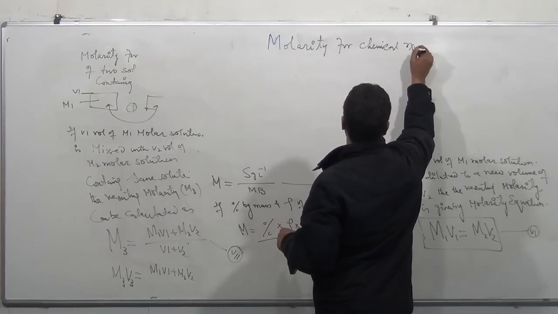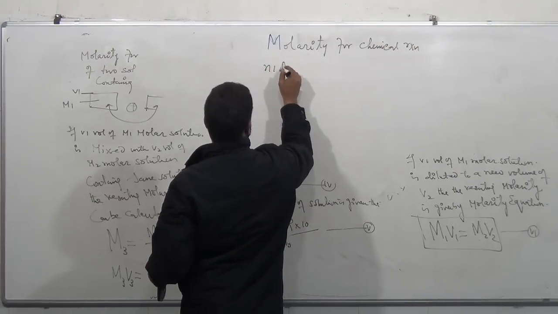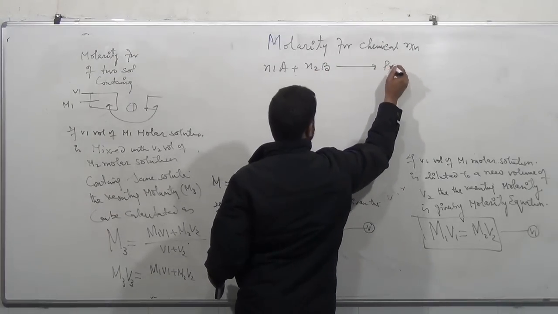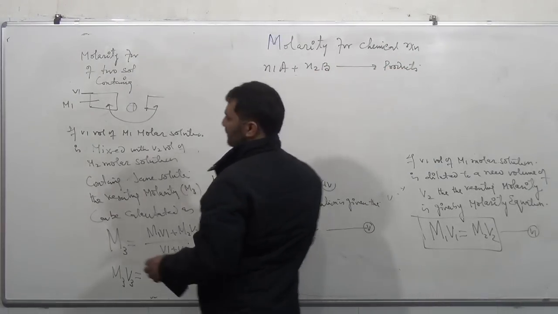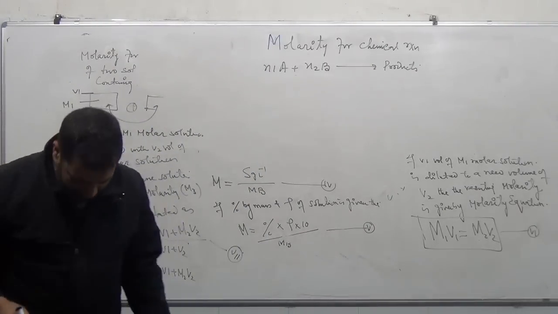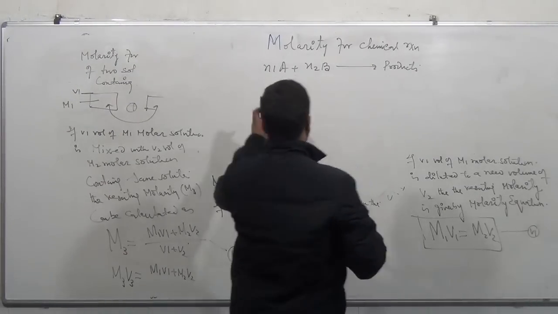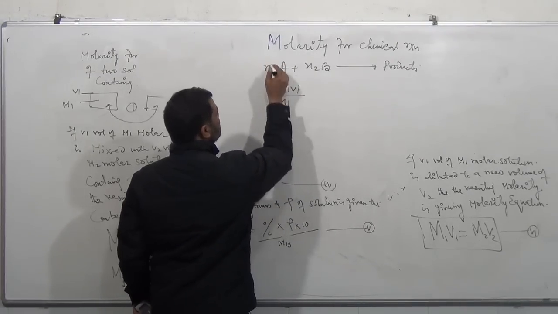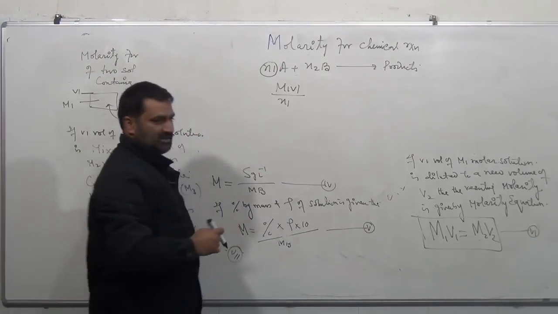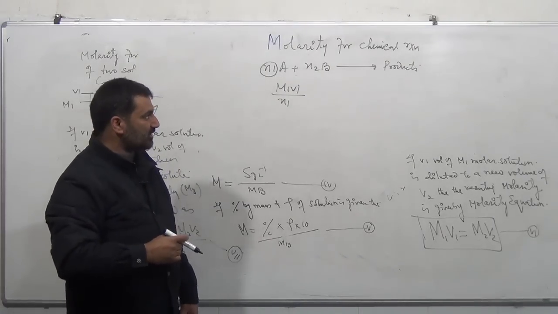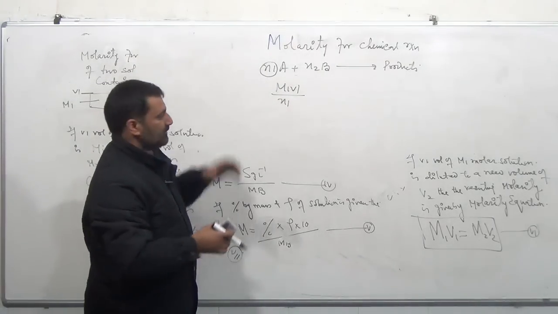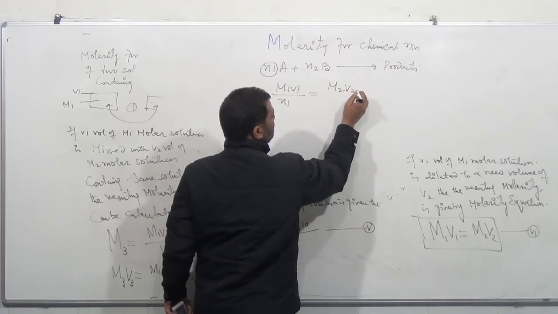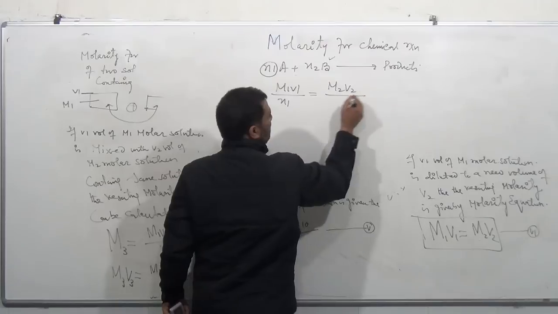Say N1 moles of A is treated with N2 moles of B, resulting in the formation of products. So M1 V1 divided by N1, where N1 is the stoichiometric coefficient of A, that is the number of moles, will be equal to M2 V2, the molarity and volume of B, divided by N2.